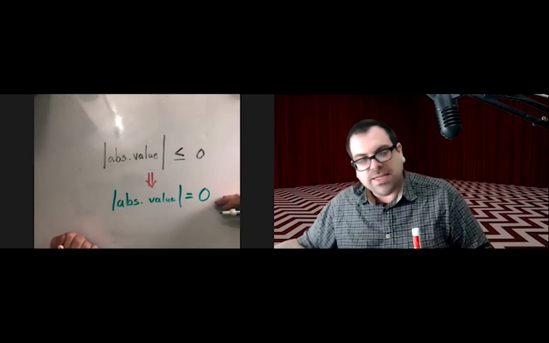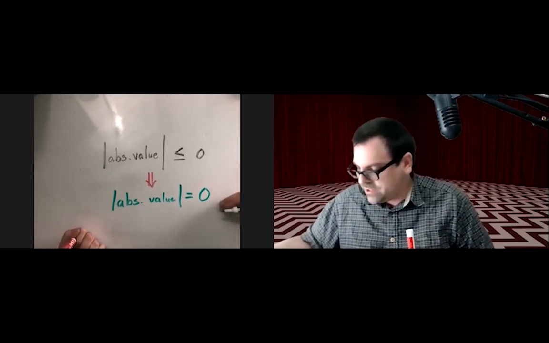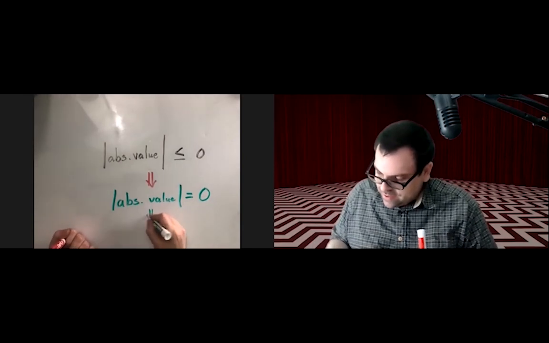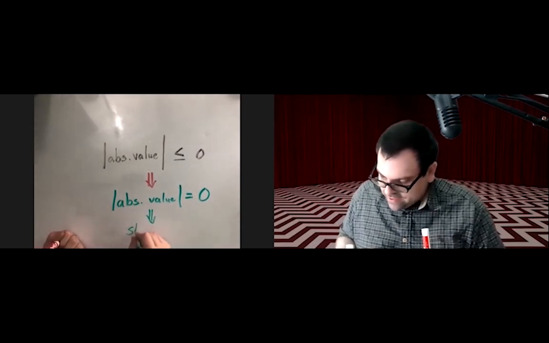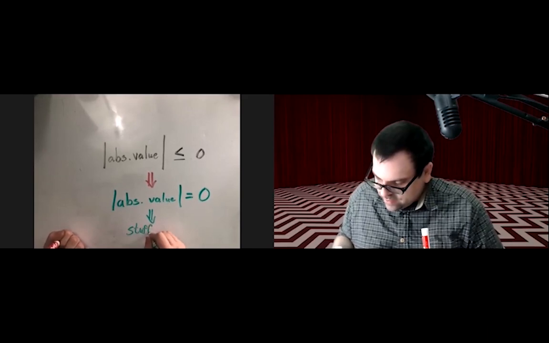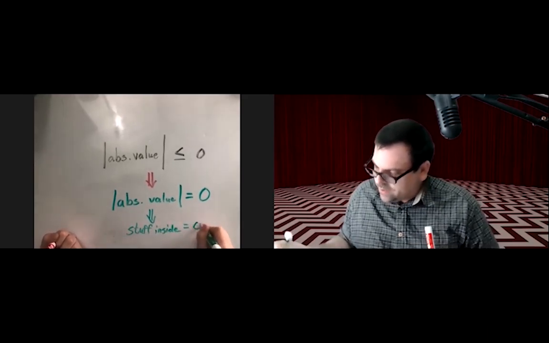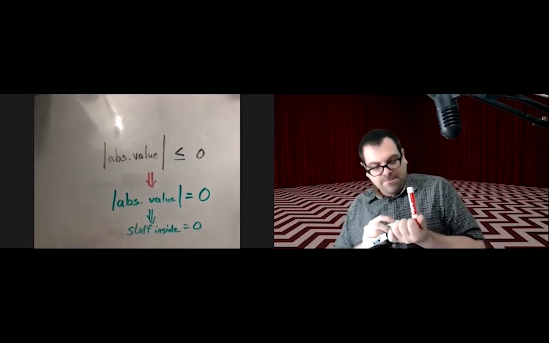And remember what we did when we had the absolute value equals zero. We just dropped the absolute value signs. So the stuff inside without the symbol equals 0 is how we would solve that.